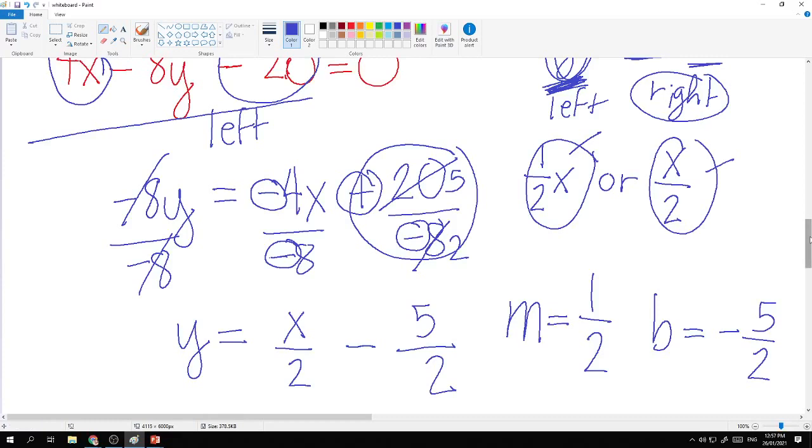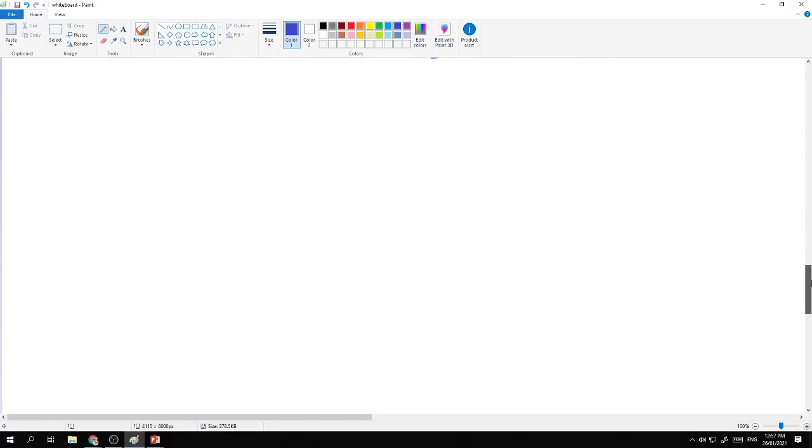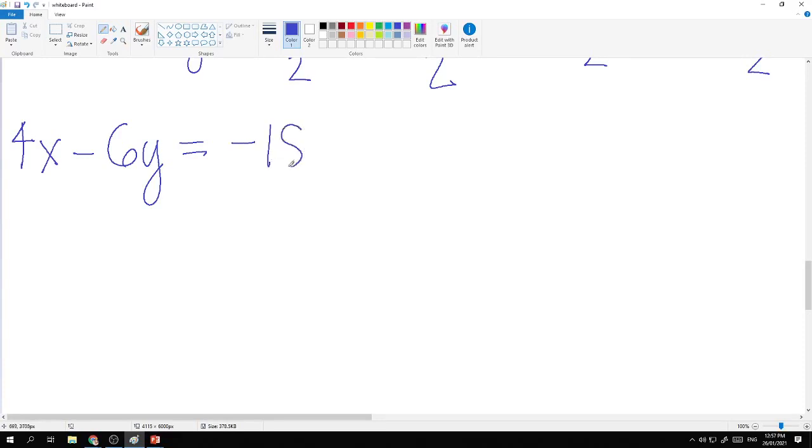Last example. I'm gonna give you this equation. Let's have 4x minus 6y is equal to negative 18.